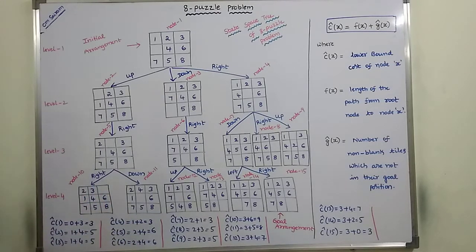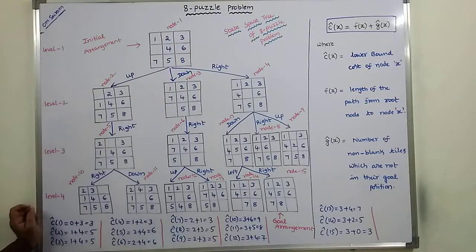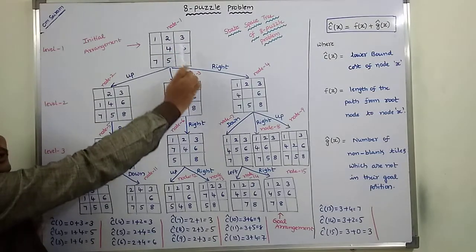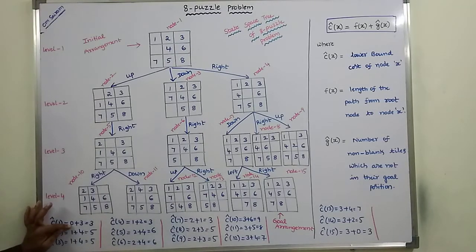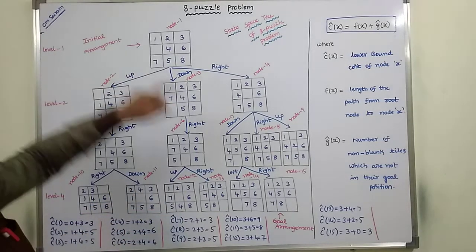Now, how do we find out the cost of a node X? Suppose for this node we have to calculate the cost. C cap of X is equal to f of x plus g of x. f of x is the length of the path from the root node to node X. This is the root node and node X is the same, so f of x is 0. So it is 0 plus g of x. g of x means how many non-blank tiles are not in their correct position when compared to the goal position.